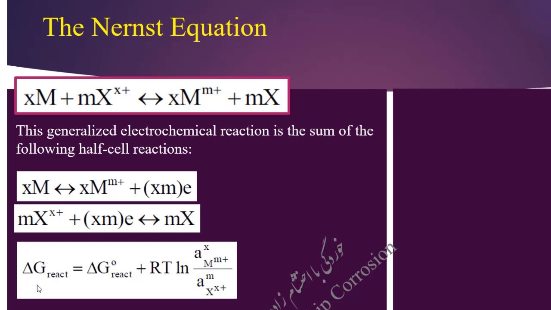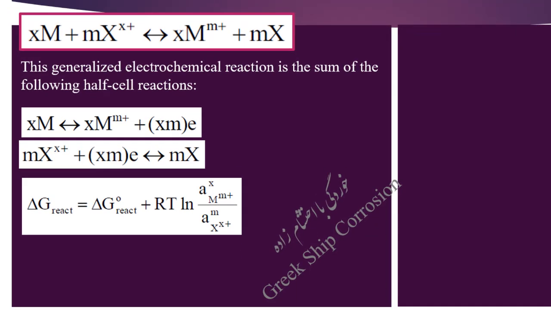We know that the non-standard Gibbs free energy change of the reaction equals the standard Gibbs free energy change of the reaction plus RT ln the activity of M^(n+) to the power of x over the activity of X^(x+) to the power of m.